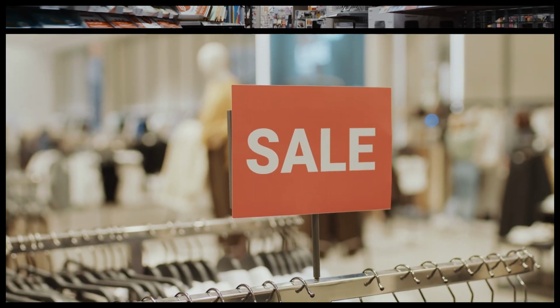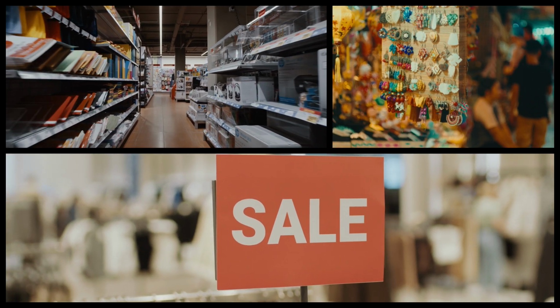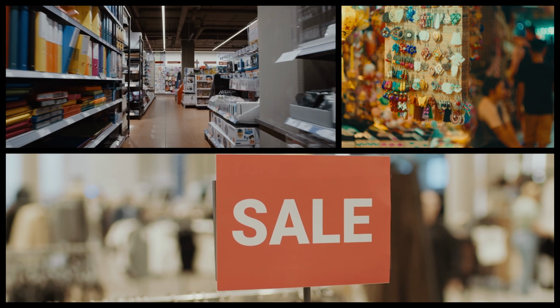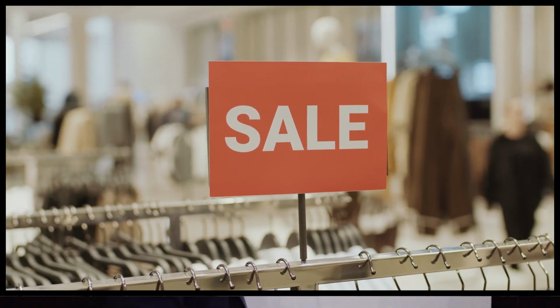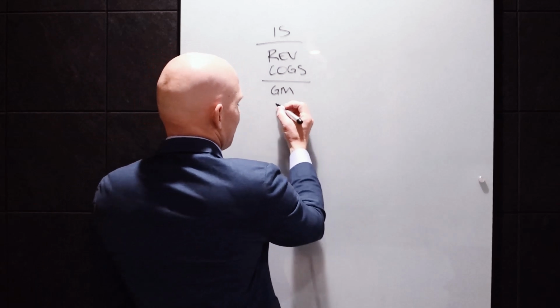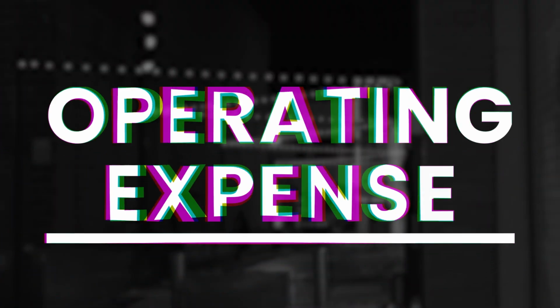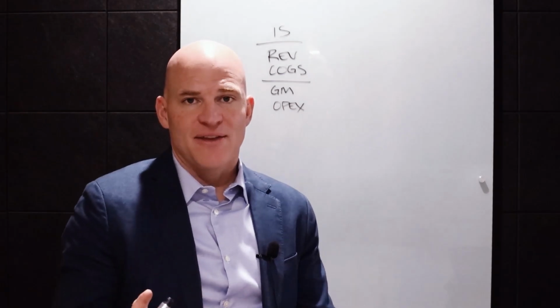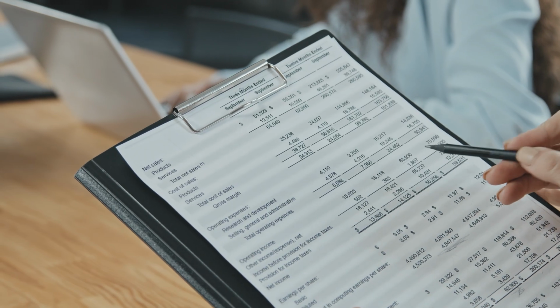This measures a company's ability to price its products and services effectively, sell those products and services to customers, incur the cost, and then ultimately make money in the process. Underneath gross margin, we have Opex, which stands for operating expense, also known as the overhead of a business.